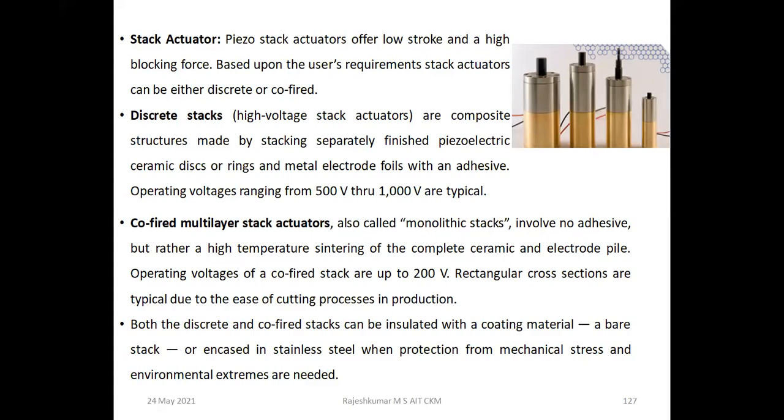That means if it is an open, non-insulated stack, it is protected with stainless steel, which absorbs the mechanical stresses and avoids environmental extremes. So that's how, regarding the conditions, this piezoelectric actuator is used.